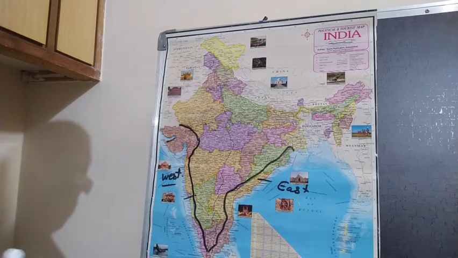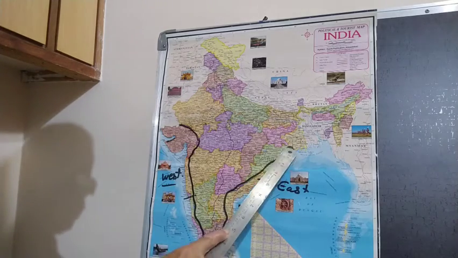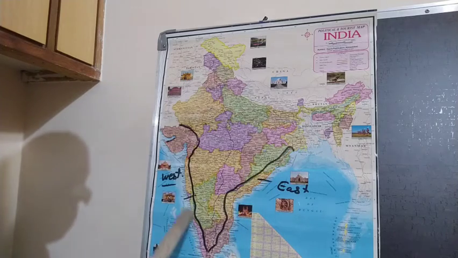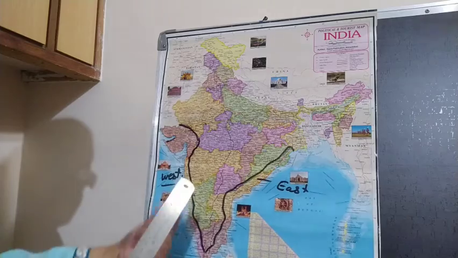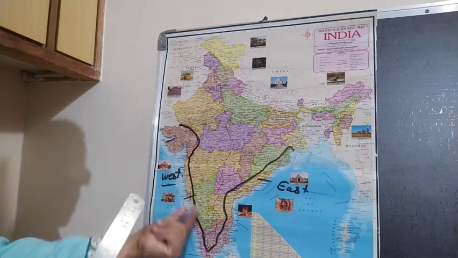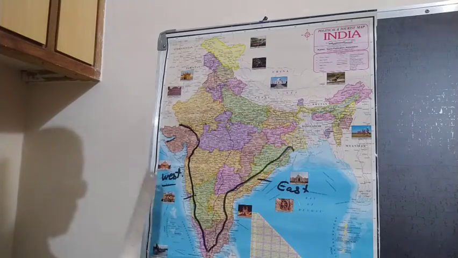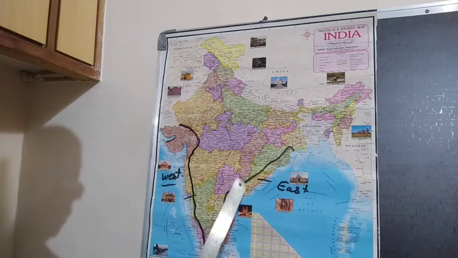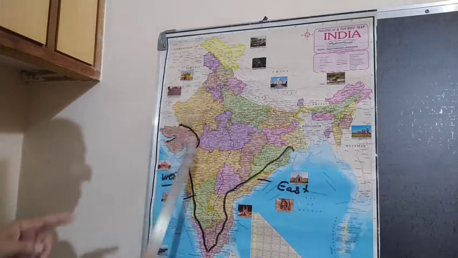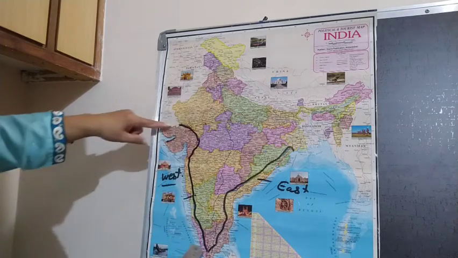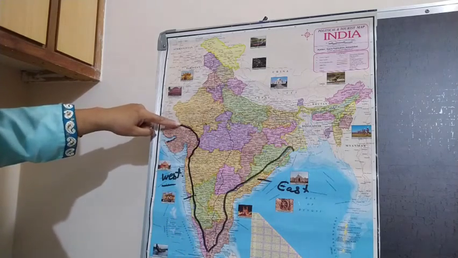When you see the line drawn here, eastern coastal plains are broader than the western coastal plain. Western coastal plains are a little bit narrow and eastern coastal plains are broad. So this is one difference. Today we are going to start only with the western coastal plain.